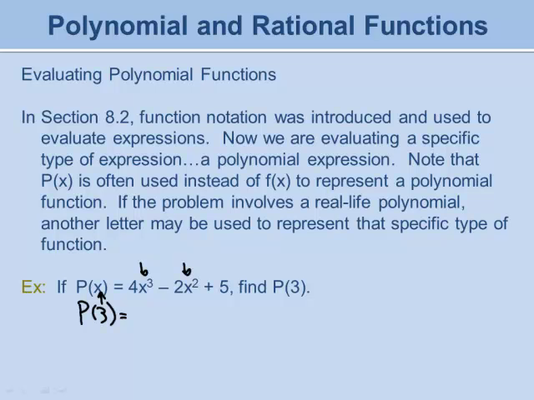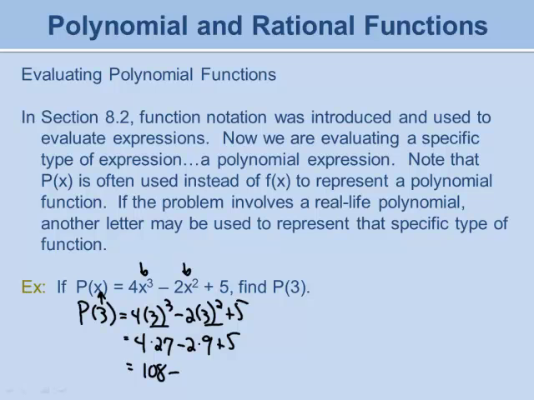Simply do the math. So we've got 4 times 3 cubed minus 2 times 3 squared plus 5. And now it's an order of operations problem, so do the exponents first. We've got 4 times 3 cubed is 27, minus 2 times 3 squared is 9, plus 5, equals 4 times 27 is 108, minus 2 times 9 is 18, plus 5.